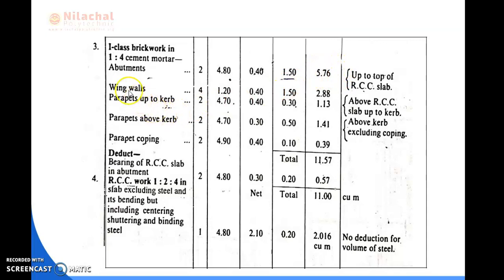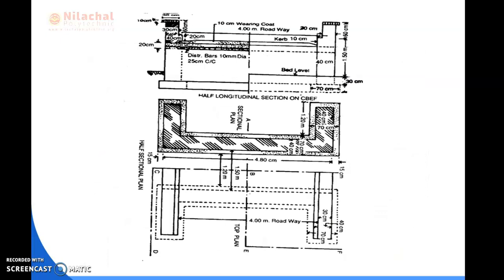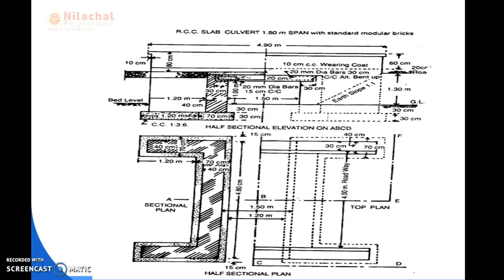Then we go through the wing wall part. How many numbers of wing wall are used? 4 numbers, we know. First we define the length, breadth and height of the wing wall. In the wing wall case, the length is indicated from here and also this part.